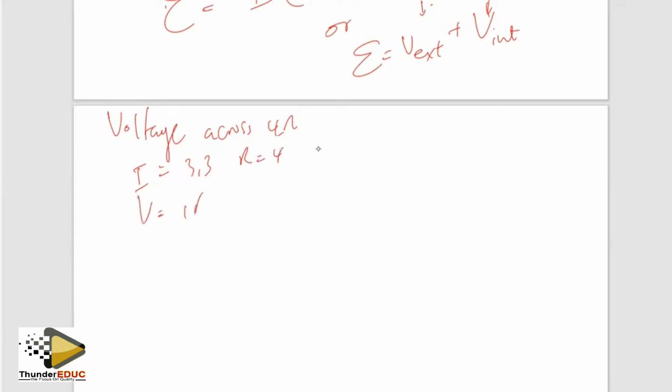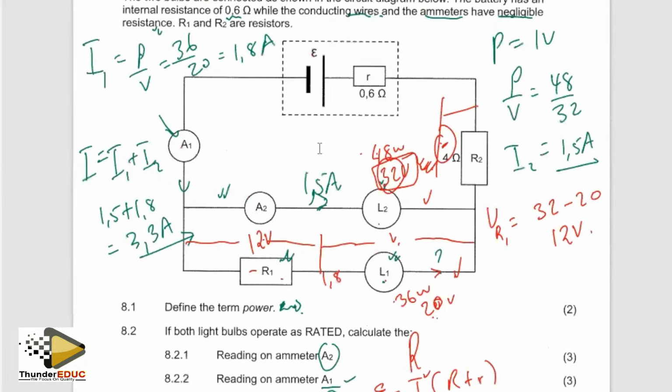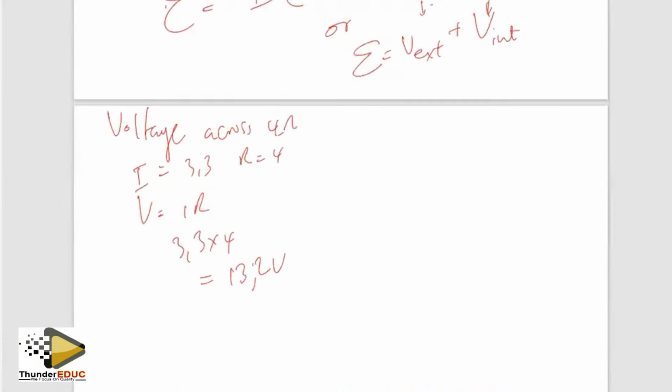So voltage is IR, which is 3.3 multiplied by 4. That gives me 13.2 volts. But remember, we said the total voltage across the parallel was 32. Then the total external voltage is going to be 32 plus 13.2.